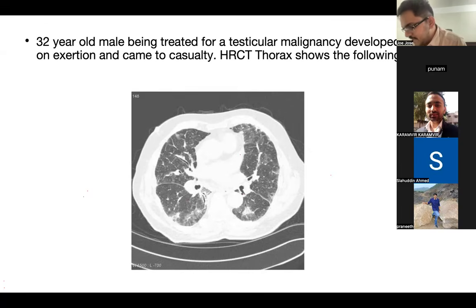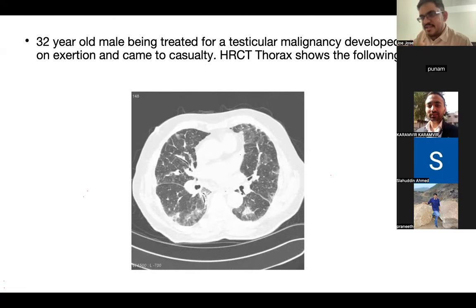What are the absolute and relative contraindications for bleomycin? Sir, absolute contraindication is age. Usually we don't give in age more than 60 years. Okay, so that comes under relative. I'll just quickly mention, I've mentioned it in the testicular malignancy video, go check that out.